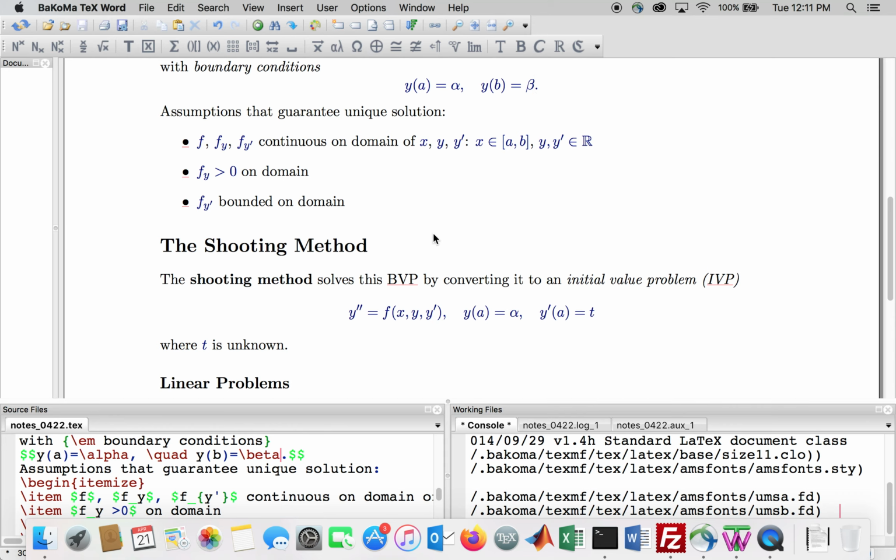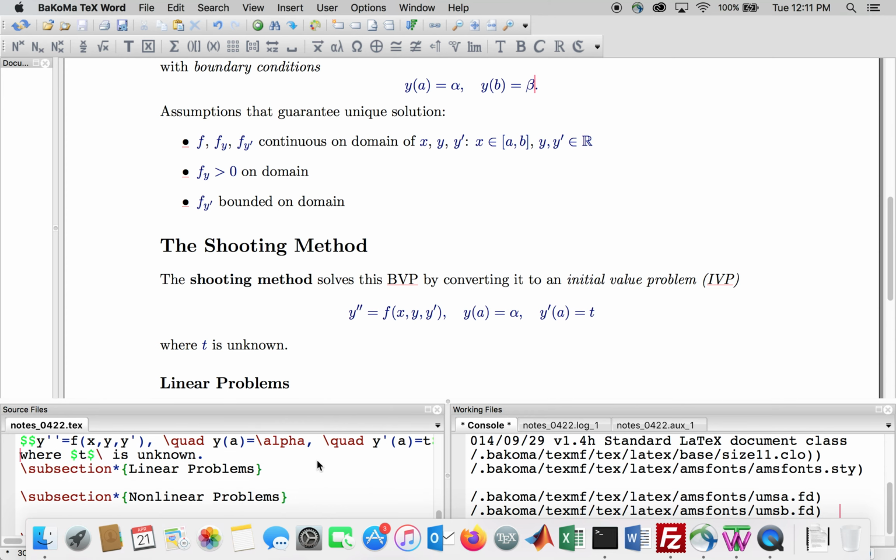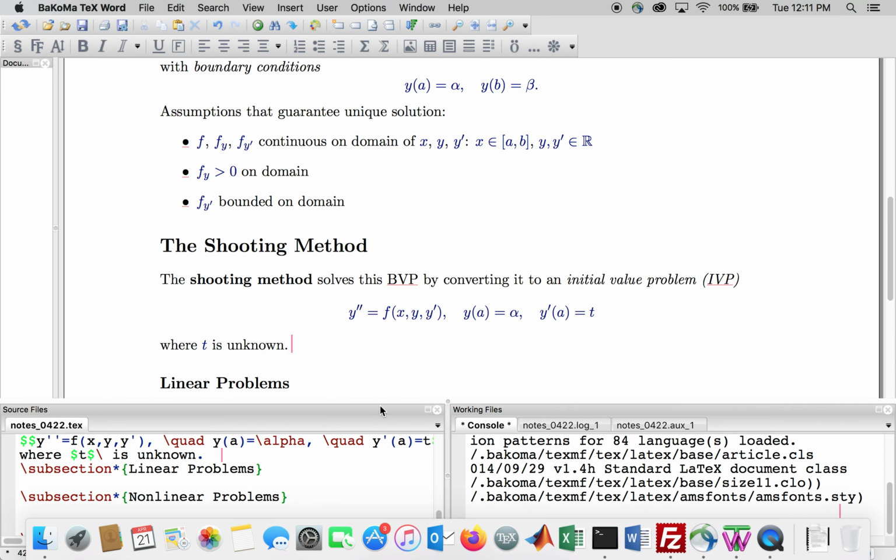That way we can leverage all that we've learned about numerically solving initial value problems to solve this boundary value problem. So we could use a time-stepping method such as Euler's method or Runge-Kutta, something like that. Now, one thing to keep in mind is we're accustomed to solving initial value problems of the form y prime is a function of t and y.